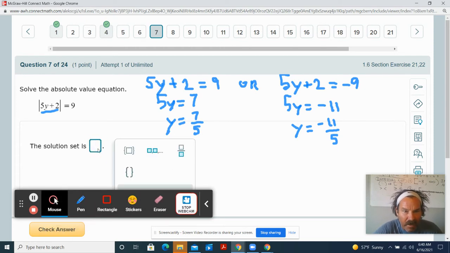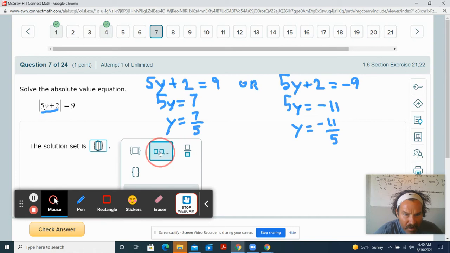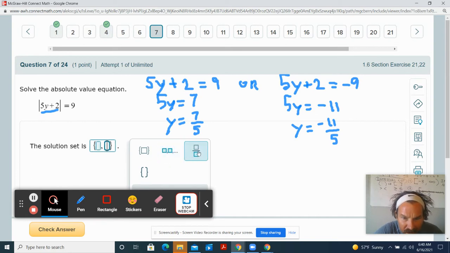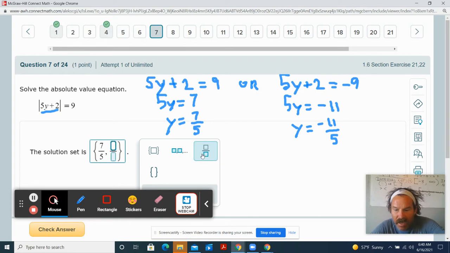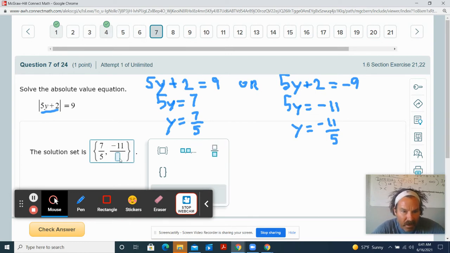So I'll put it here, and then, there's the fraction. So I'm going to click the fraction tool. And then I'm going to put 7 over 5. And then I'm going to click the fraction tool again, and I'm going to put negative 11 over 5.